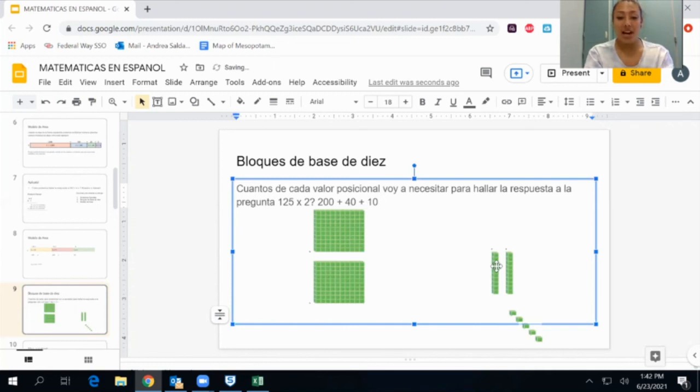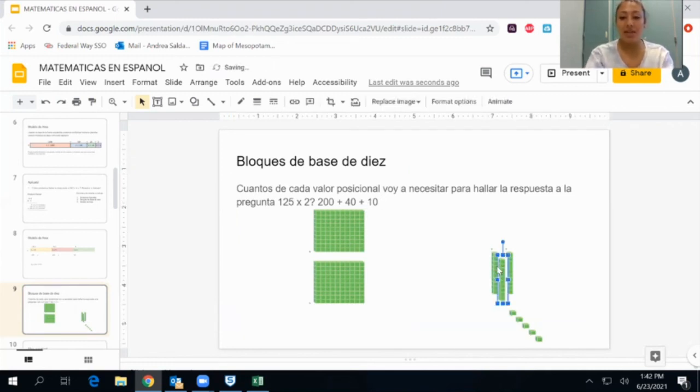So, necesito copiar 2 más de mis columnas de 10. Y 5 más unidades de 1. Y ahora los puedo contar en total. Tengo 250.